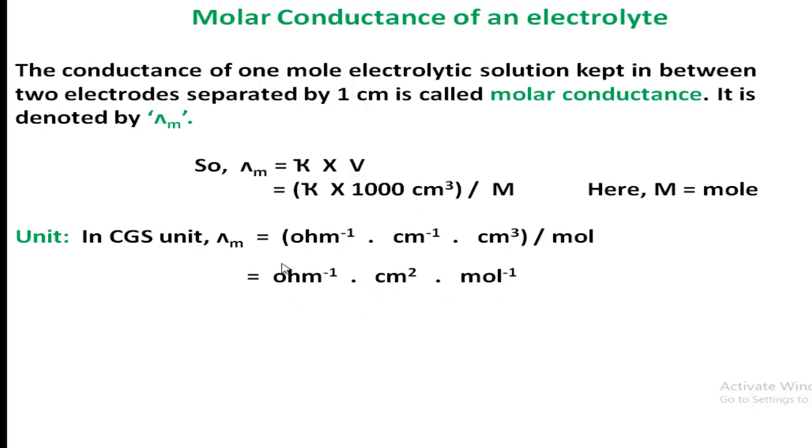Actually these three conductances are the same, just the concentration of the electrolytic solutions is different. In equivalent conductance, concentration of solution is expressed in gram equivalent mass per liter. Here in molar conductance, concentration of electrolytic solution is expressed in mole. So others are the same.